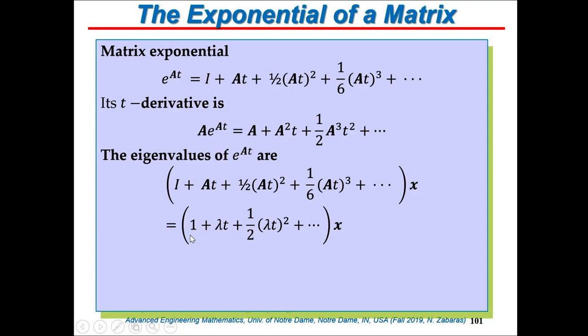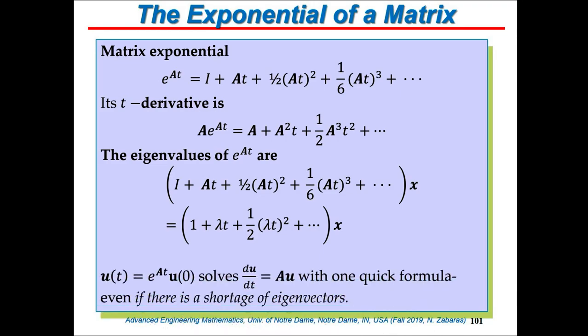So e^(At) has eigenvalues of the form e^(lambda t). This is very nice. And again, this is the general form of our equation.